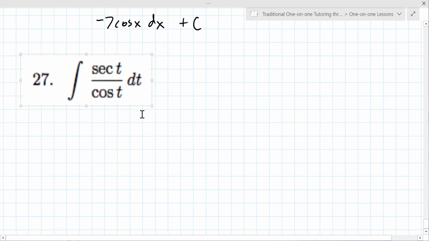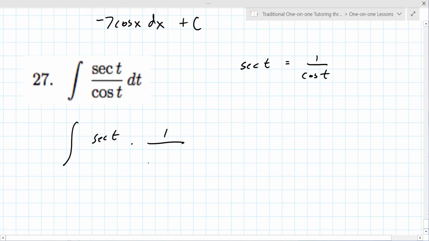So one of the strategies is to just rewrite everything in terms of sine and cosine. You probably heard that in trig at some point, or algebra 2 trig, pre-calculus. So secant is 1 over cosine. It depends on how you want to visualize this.